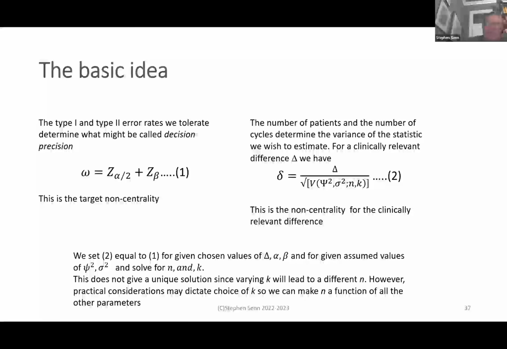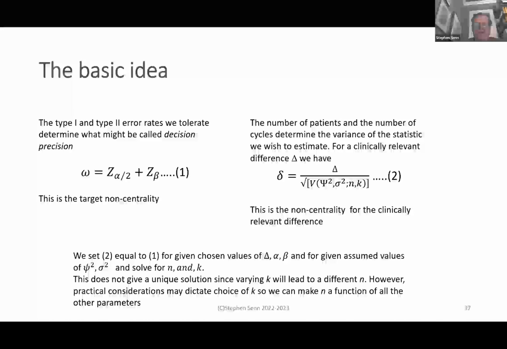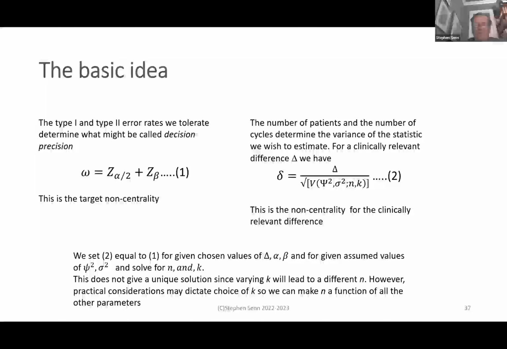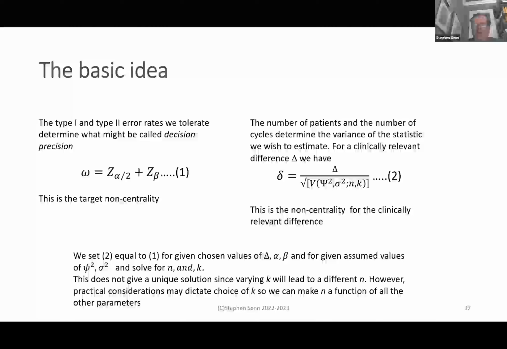I've put the 2 there because we're usually going to be using two-sided tests. Beta and alpha are our type 2 and type 1 error rates, and this is the target non-centrality. We want to make sure that we end up with a standardized result which is equal to this. The beta governs the power that we're going to have, and the alpha is the type 1 error.